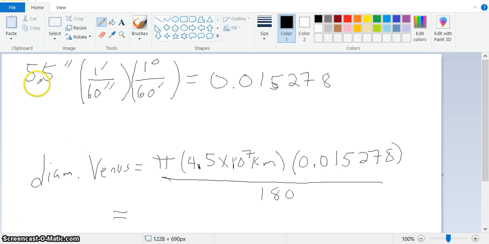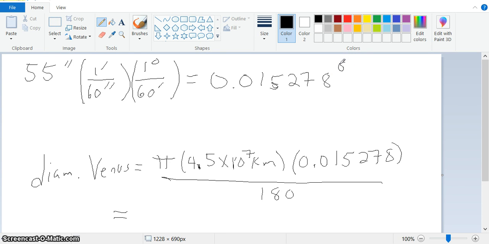All right, so let's go ahead and solve this. In the problem they give us that it's 55 arc seconds. Now we have to change the angle, because the angle has to be in degrees in our equation. So we divide by 60, and we divide by 60 again, and that gives 0.01527 repeating degrees.